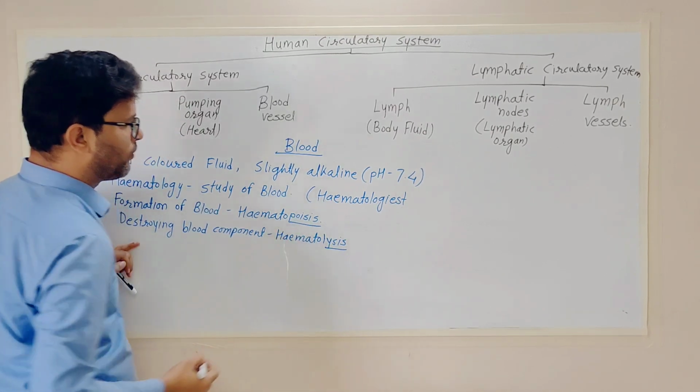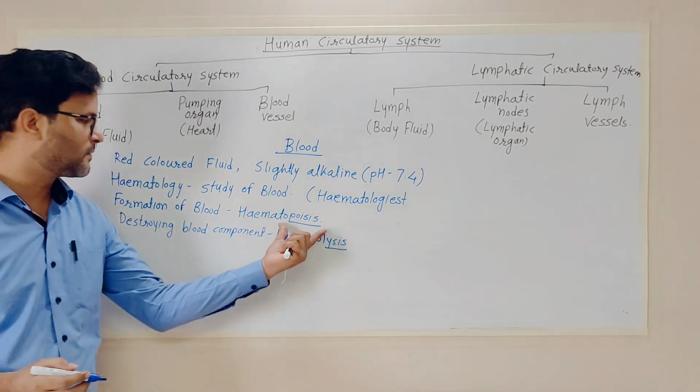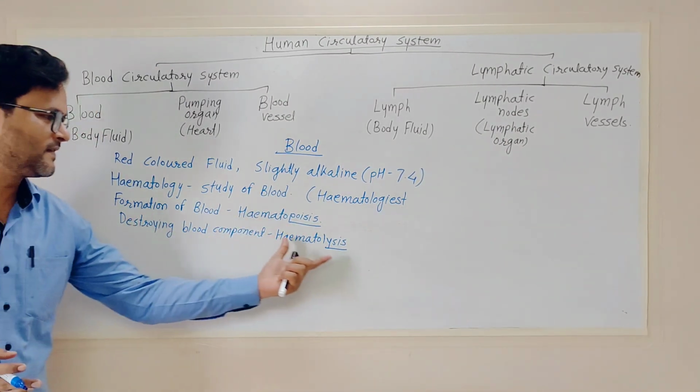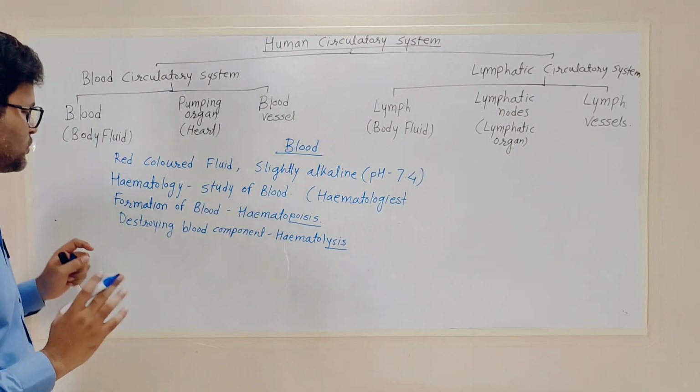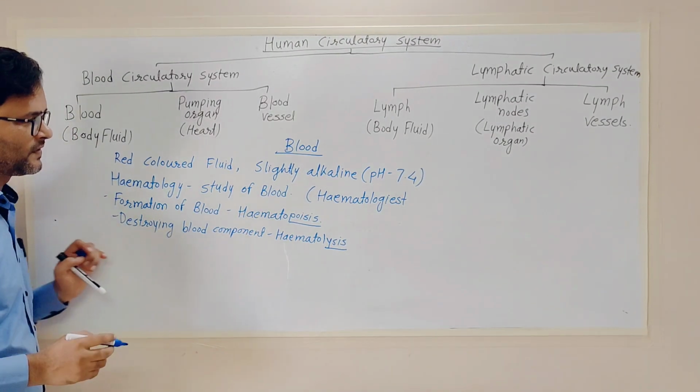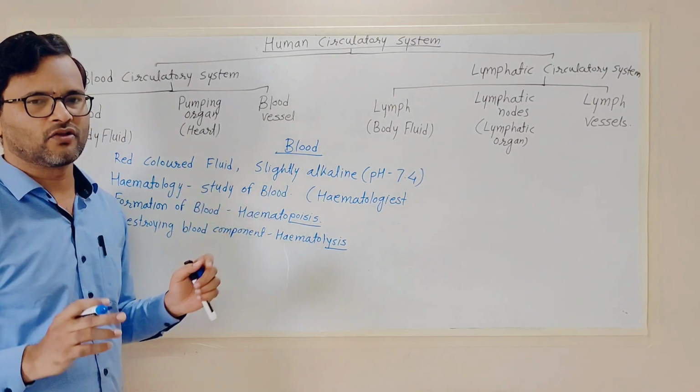Okay, so poiesis means formation, and lysis means destruction. So these are the processes. These two processes are also important.